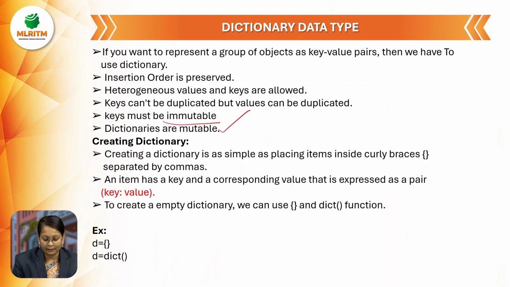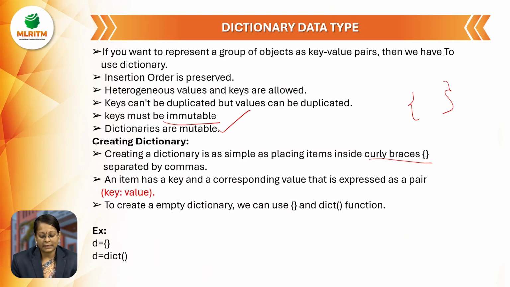How are we creating a dictionary? Creating a dictionary is as simple as placing items inside curly braces. By using curly braces only, we create a dictionary, whether it is an empty dictionary or a dictionary with key value pairs. Those key value pairs are separated by commas.